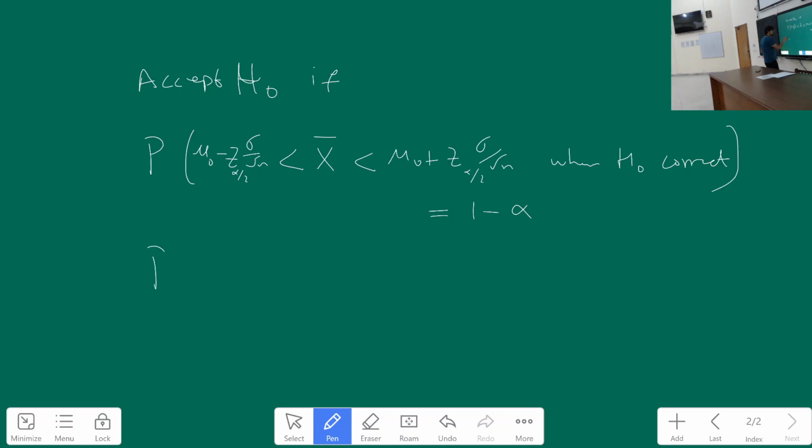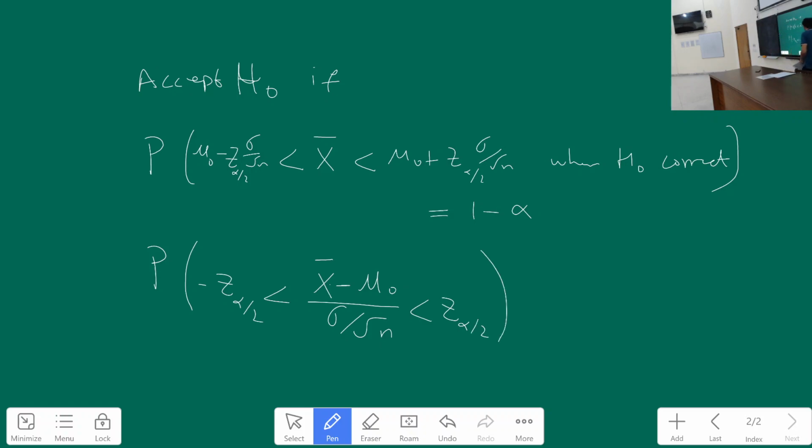I can play this trick now, which we already did in previous lectures, that I can make it x bar minus mu naught divided by sigma over square root n is greater than minus z alpha by 2 and less than z alpha by 2, equals 1 minus alpha.